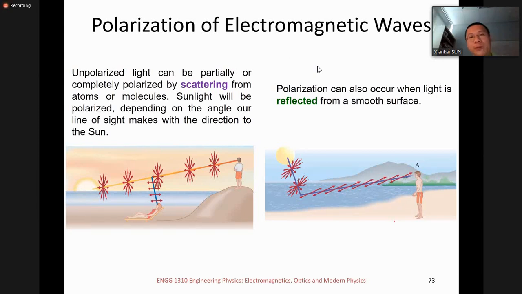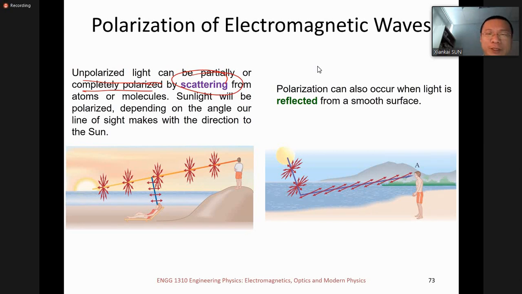Well, you might want to ask how these kinds of polarization states are generated. They are generated by different processes. Unpolarized light can be partially or completely polarized by scattering from atoms or molecules.